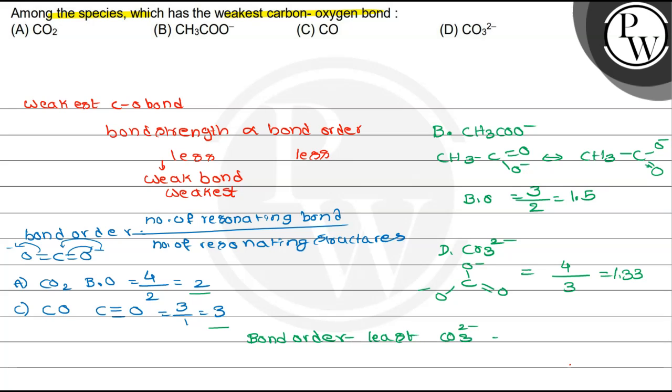So it will be the weakest bond, because bond strength is also least among the given options. So the weakest carbon oxygen bond is in option D, CO3 2 minus.